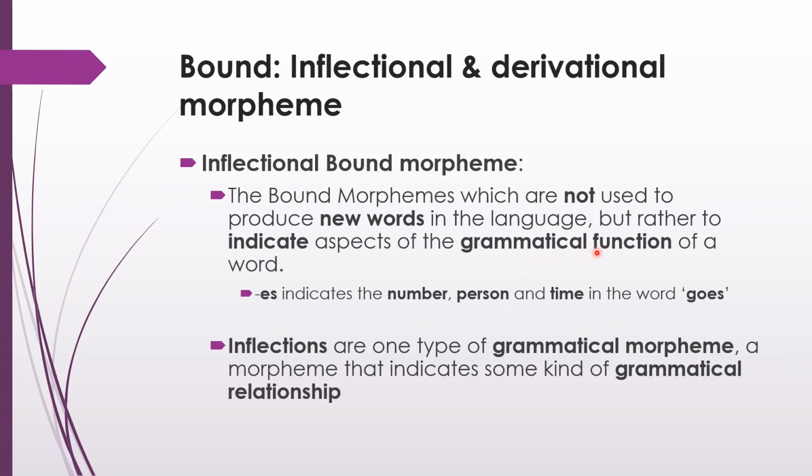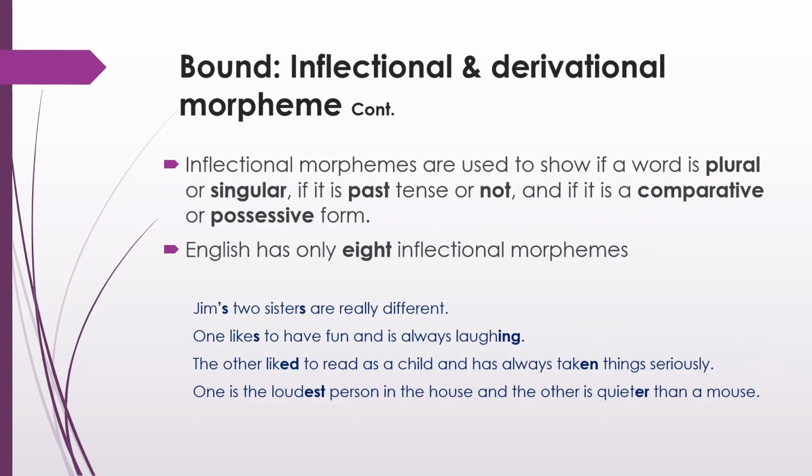So this particular es joins the relationship with other words in a sentence. Inflectional morphemes are used to show if a word is plural, singular, past tense or not, and if it is a comparative or possessive form. English has only 8 inflectional morphemes, so they are very few.